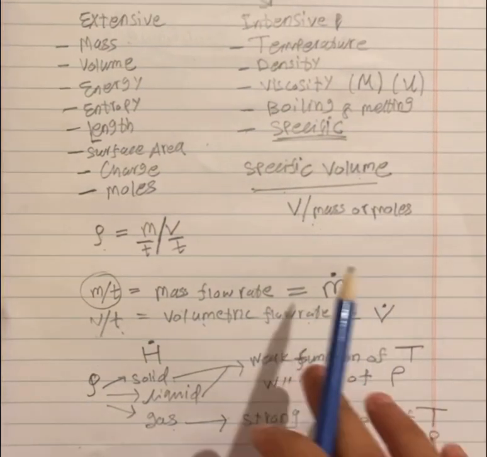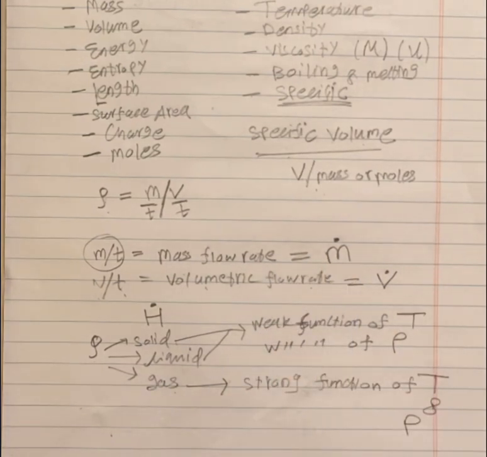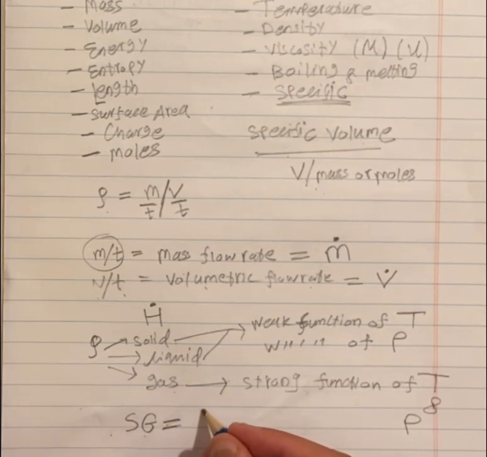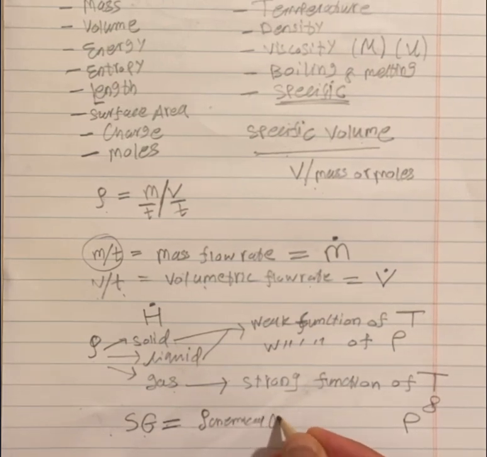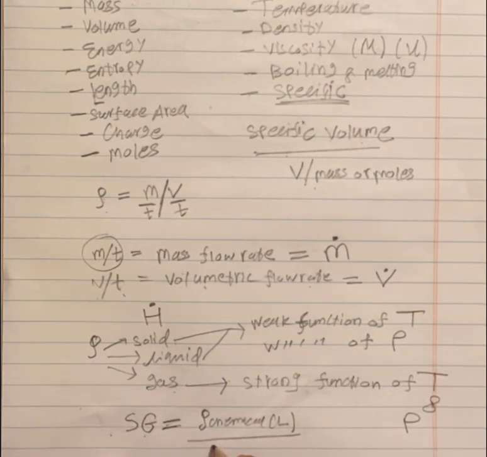One more thing to know about density is the fact that it can be related to two components. So I could relate the density of a certain chemical, if it is liquid for example, with water. And if you relate one density with another, then we are talking about specific gravity, which is relating the density of a certain chemical of liquid phase to a relative or standard density like water.